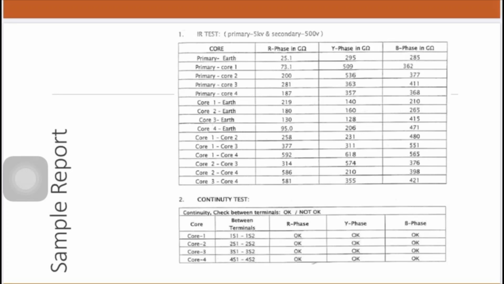We conducted primary to earth and primary to core 1, core 2, core 3, core 4 with 5 kV, and the secondary circuit with 500 volts: core 1 to core 2, core 1 to core 3, core 1 to core 4. That is, between the secondary circuits also there should not be any short circuit. Otherwise, for example, if there is a short between core 1 and core 2, where core 1 is used for differential and core 2 is used for metering, there is a chance of current summation.